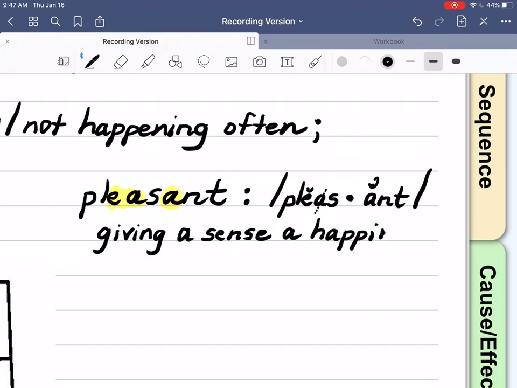Something that's pleasant makes you happy. And this is a describing word. You describe a pleasant meal or a pleasant time, a pleasant day. Those are telling me what kind. So this is an adjective. And the word is pleasant.